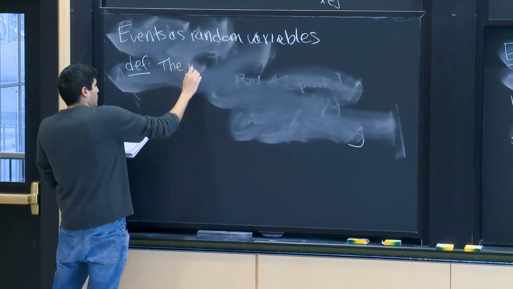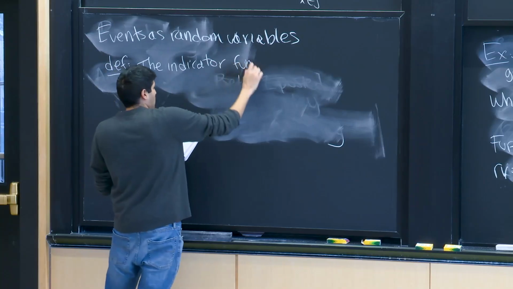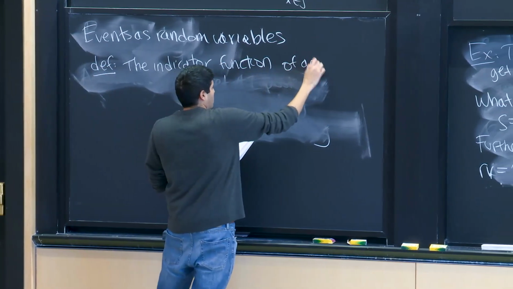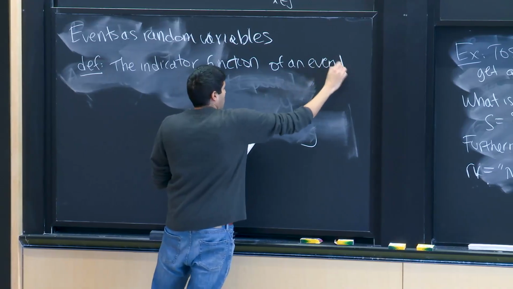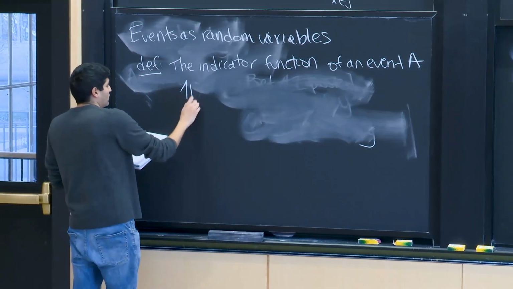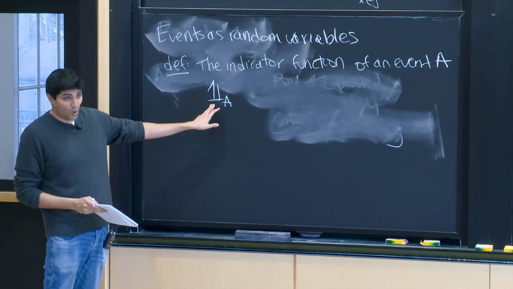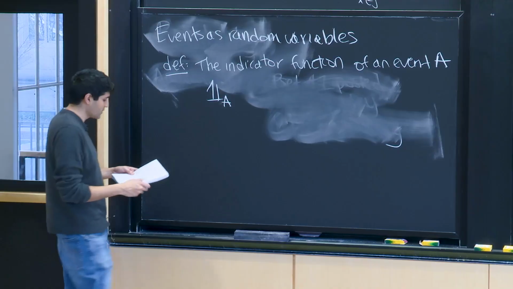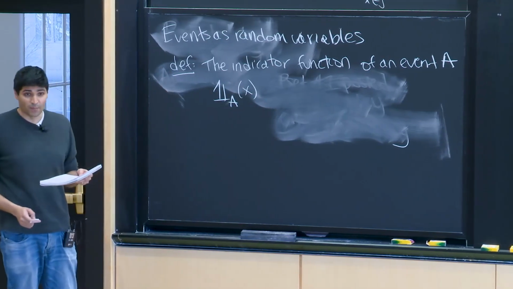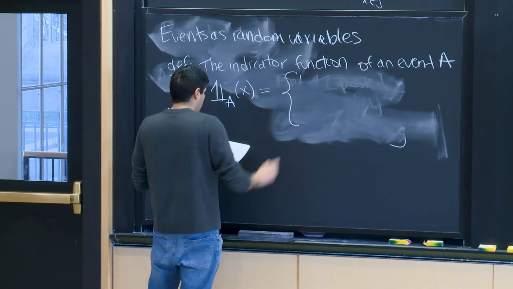In particular, if you give me an event A, I can define this function that has this funny notation. Usually you write it as a bold-faced 1 with an A subscript. But this is just a random variable. It takes in some outcome from the sample space, and it spits out a real value.